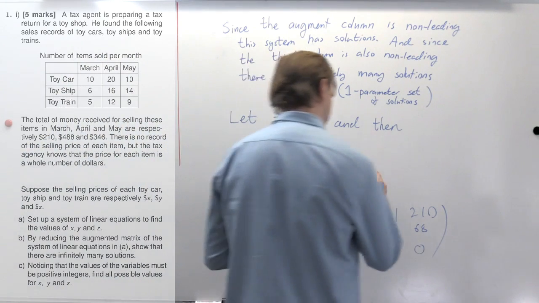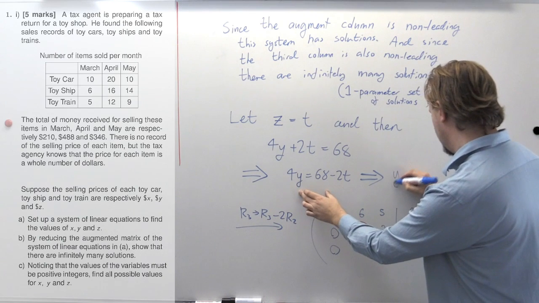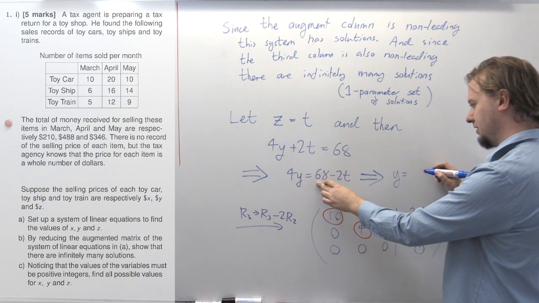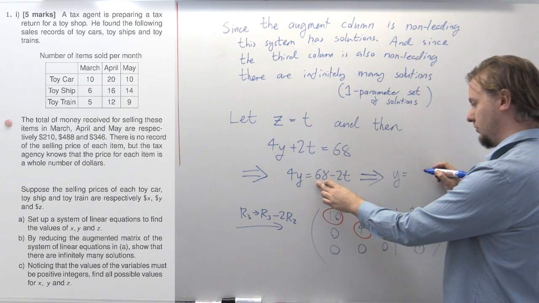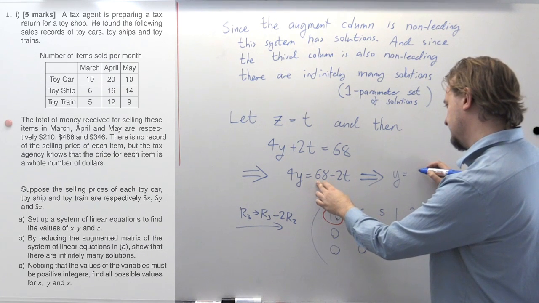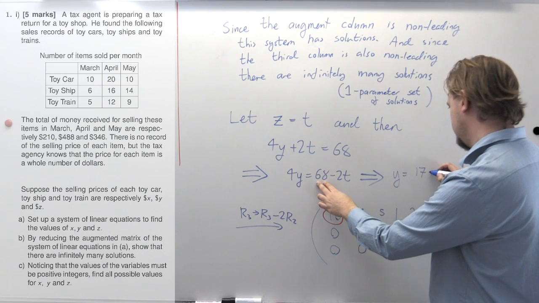So it follows then from that. So this implies that y is equal to, let's see, can 68 be divided by 4? Well, 60 can, so can 8. So that's a 15 and a 2. I get 17.